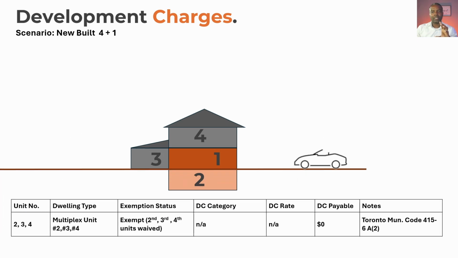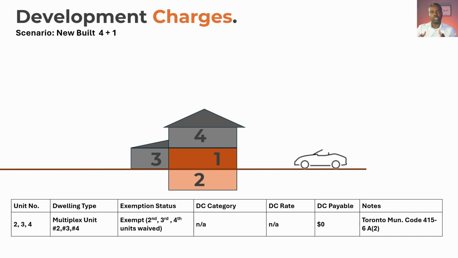What type of DCs are going to be applied to these units? The second, the 3rd, and the 4th units are all exempted from DCs. They are all waived, meaning you do not have to pay any additional costs. So for example, if they're all 2-bedroom units, it means that you would be able to avoid the cost of paying $60,000 for each of those units.